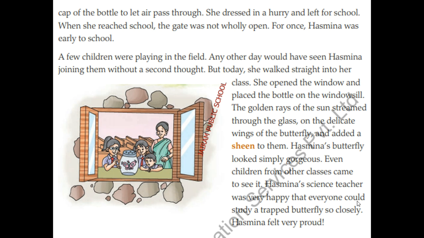Even children from other classes came to see it. Here also I need to ask a question and suggest one thing. If you are bringing a new pencil box or water bottle or a school bag, even if you are bringing a new tiffin box, your friends will be asking about your new things. Am I right?